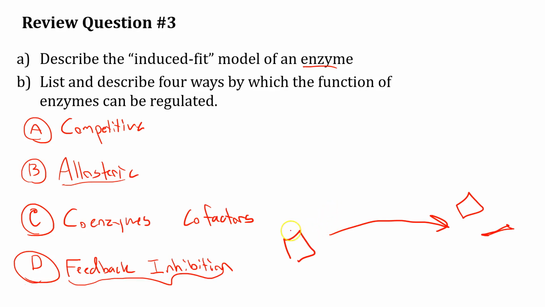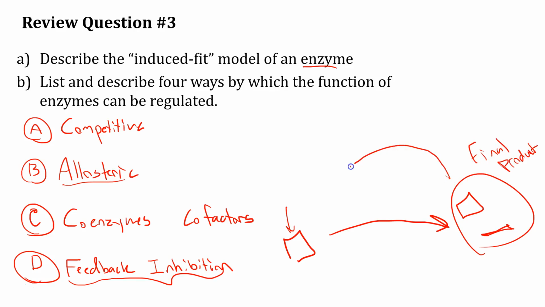Well, this initial substrate has to go through a series of reactions requiring a series of enzymes to get to the final product. And once the final product is made, it's actually going to work by binding to the original enzyme and shutting off that whole process. So it keeps too much of something from being made and keeps that regulated.